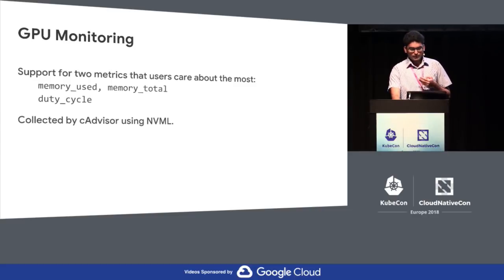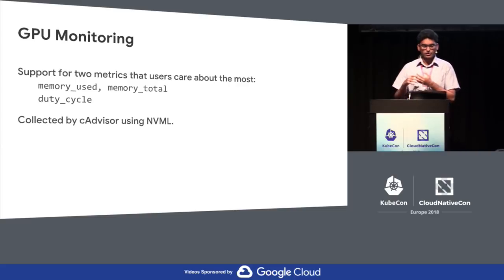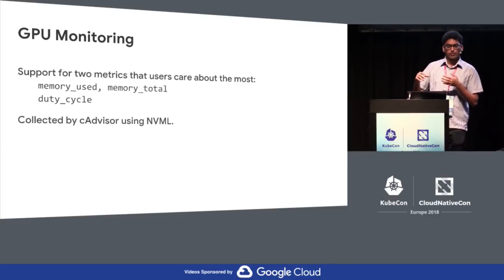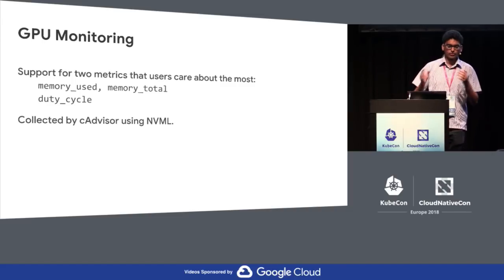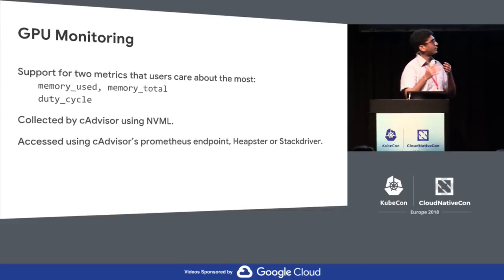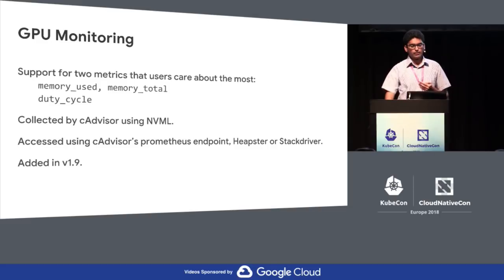They are collected by cAdvisor, which is a monitoring agent built into the kubelet. They're collected using NVML, which is NVIDIA's closed source management library, which can be used to collect GPU metrics. And these metrics can be accessed using cAdvisor's Prometheus endpoint or Heapster or Google Stackdriver. They were added in 1.9, so you can already use them.